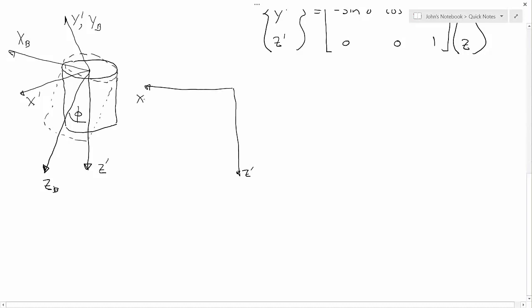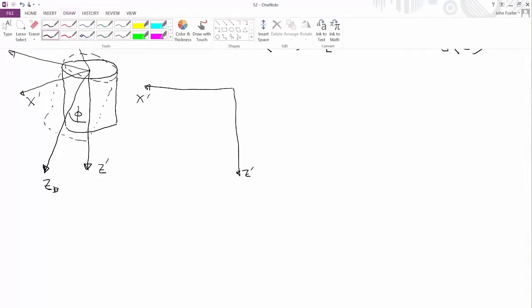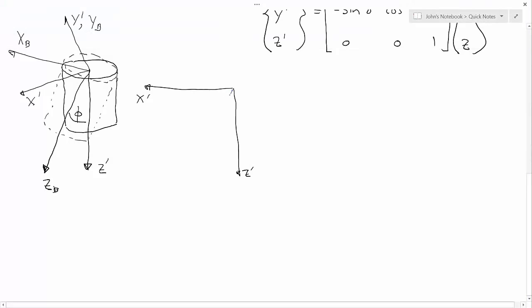We have Z prime, X prime, ZB, XB. And so here our goal is to write XB in terms of the X primes. Right? So this is phi.